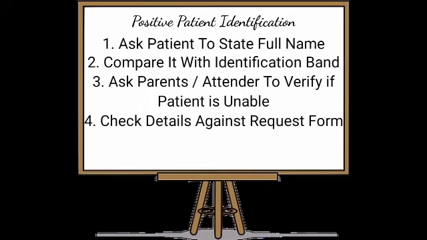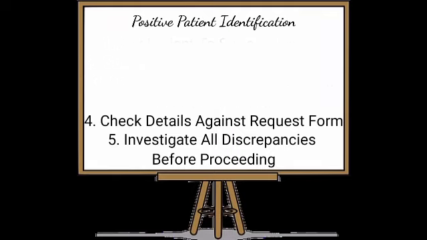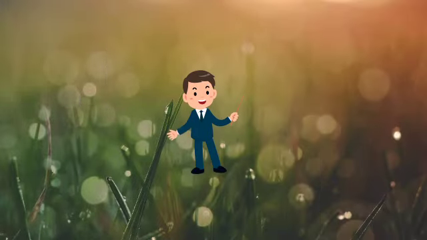Fourth, check details against the sample request form. Fifth, investigate all discrepancies before proceeding to take the sample. These are some of the important positive patient identification steps that should be done before doing a venipuncture.